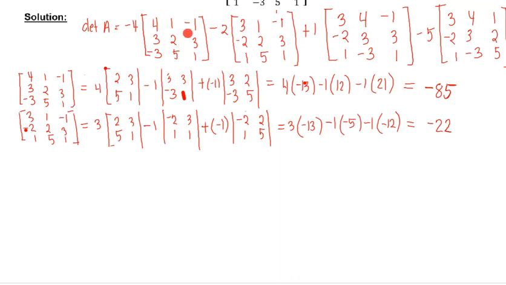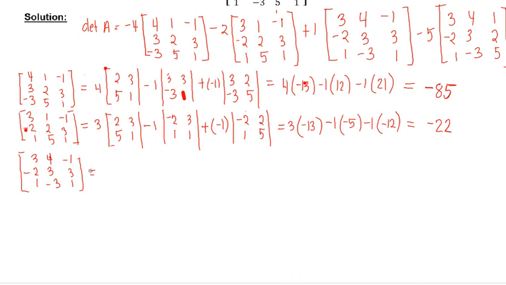So here, our value is negative 85. The second 3 by 3 matrix is negative 22. And then our third 3 by 3 matrix is 3, negative 2, 1, 4, 3, negative 3, that is negative 1, 3, and 1.